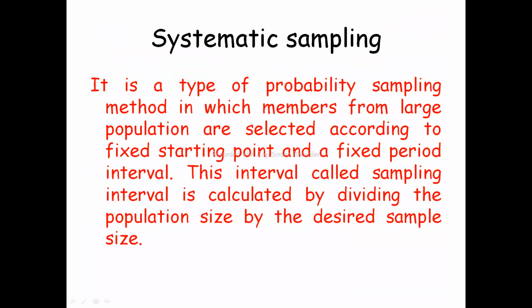Next, let us check out a few notes regarding systematic sampling. It is a type of probability sampling method in which members from a large population are selected according to a fixed starting point and a fixed periodic interval. This interval, called the sampling interval, is calculated by dividing the population size by the desired sample size.